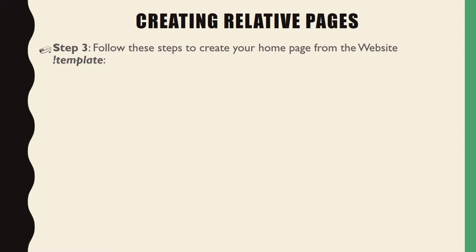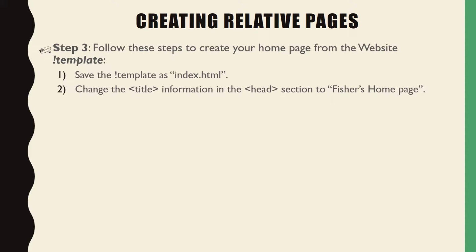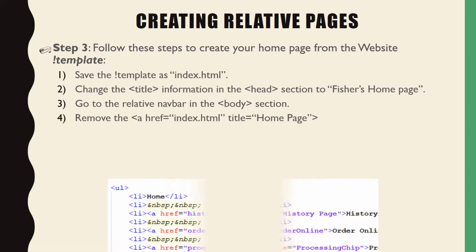Step 3. Follow these steps to create your home page from the website template. Save the template as index.html. Change the title information in the head section to Fisher's home page. Go to the relative nav bar in the body section.